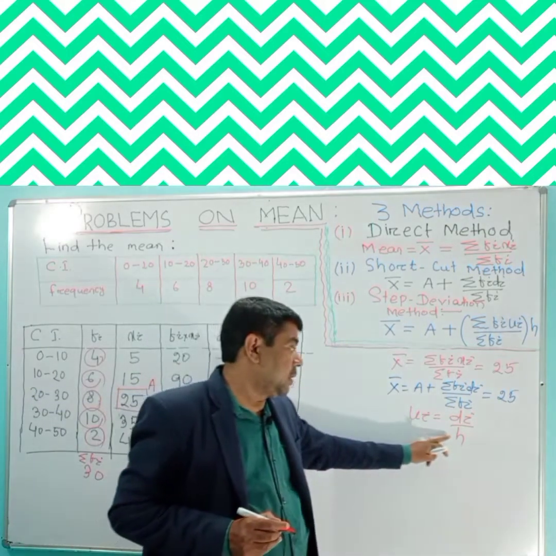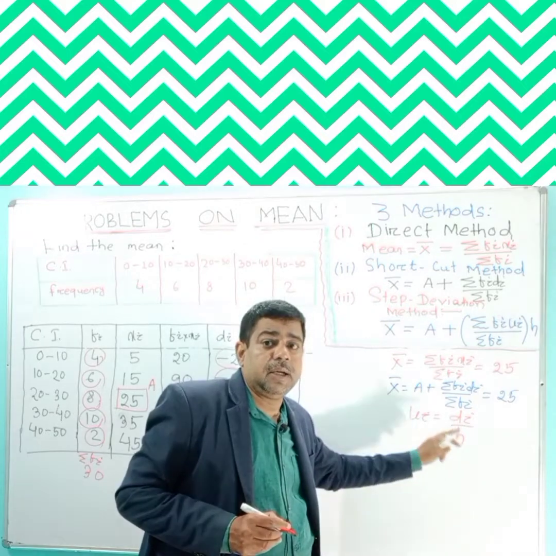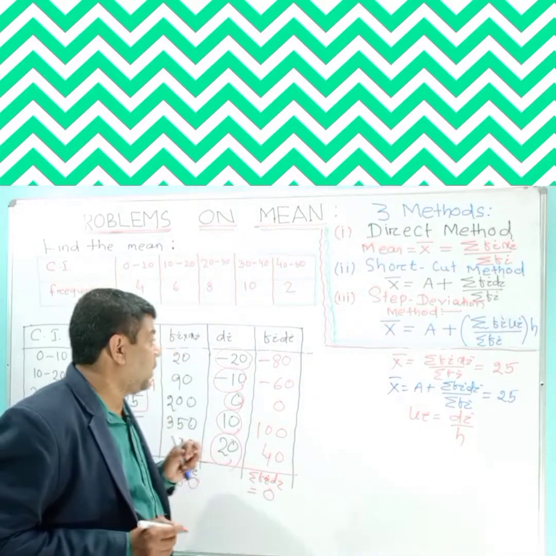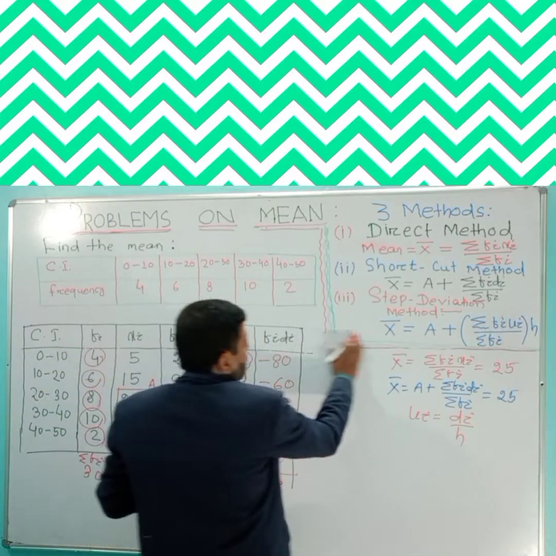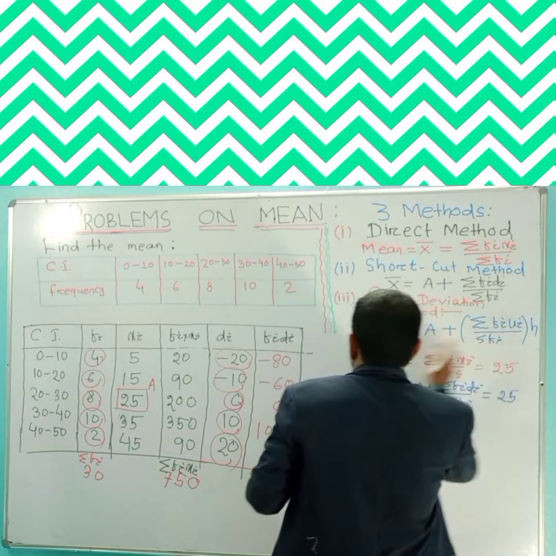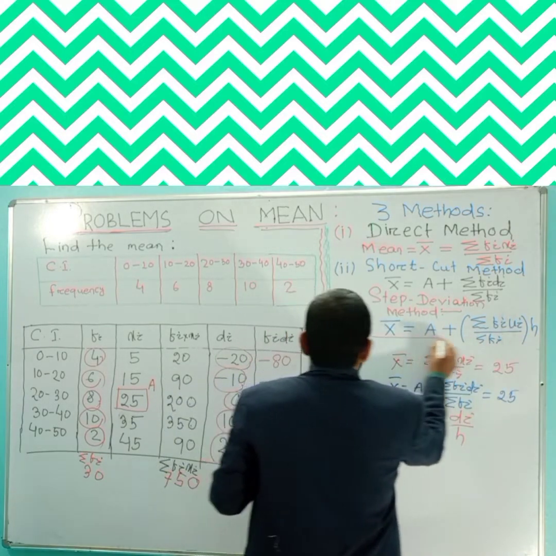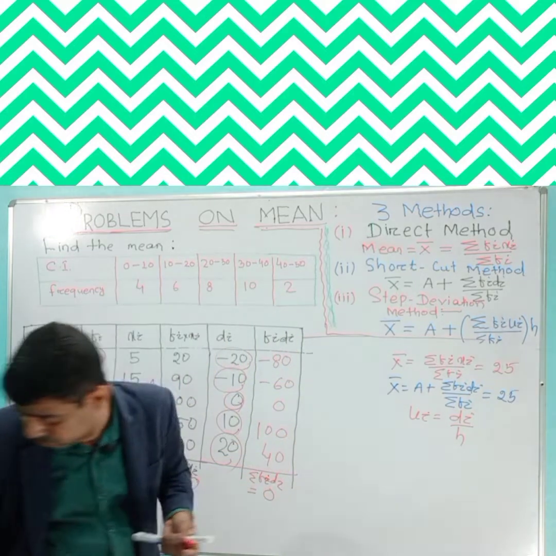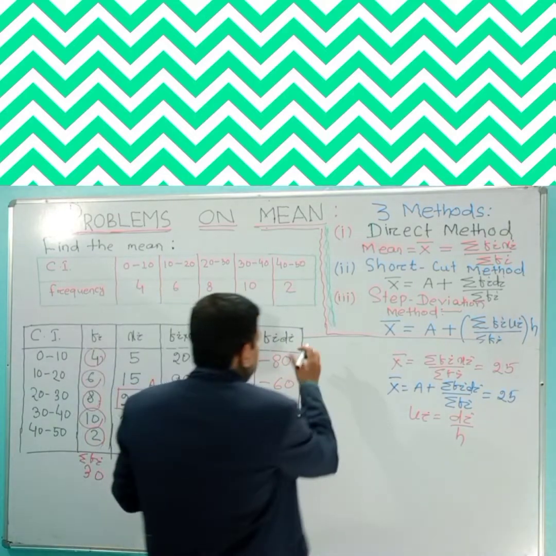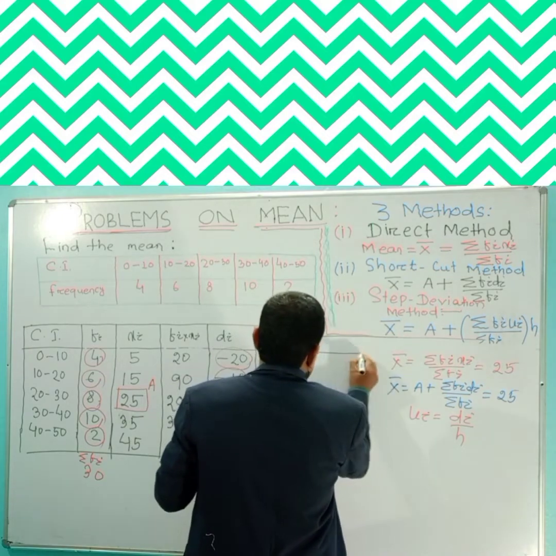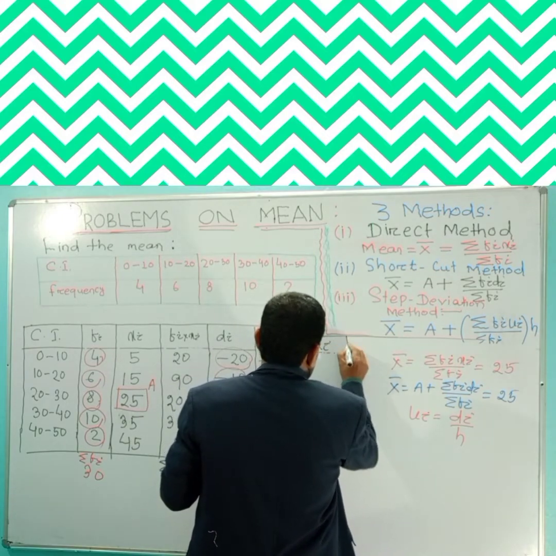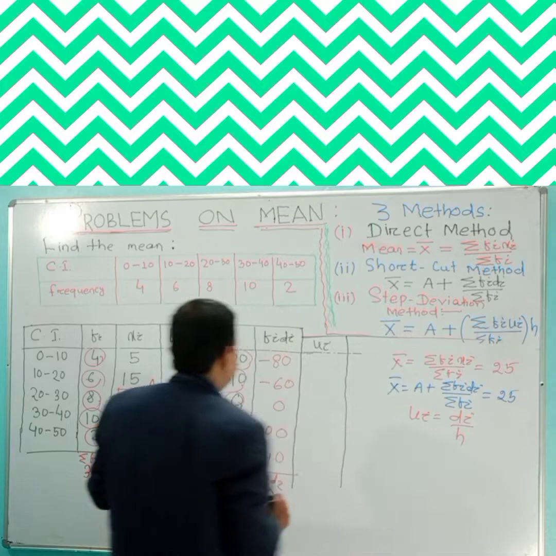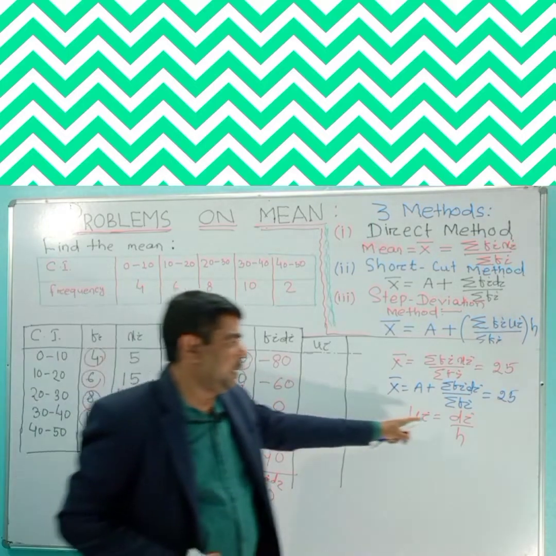By dividing the deviation by the class size, you will find out the ui value. Look at here, this value is ui. How to find out the ui value? ui is equal to di by h.